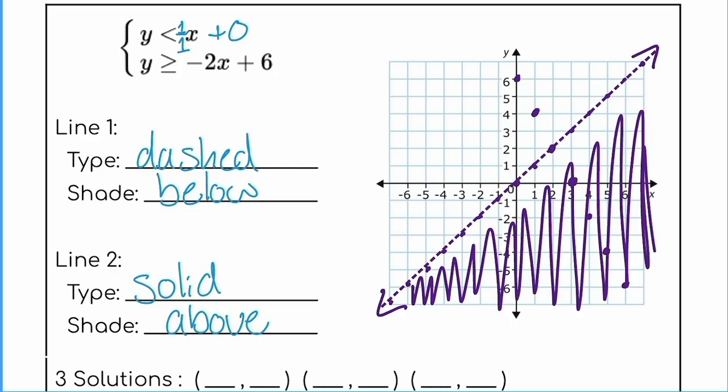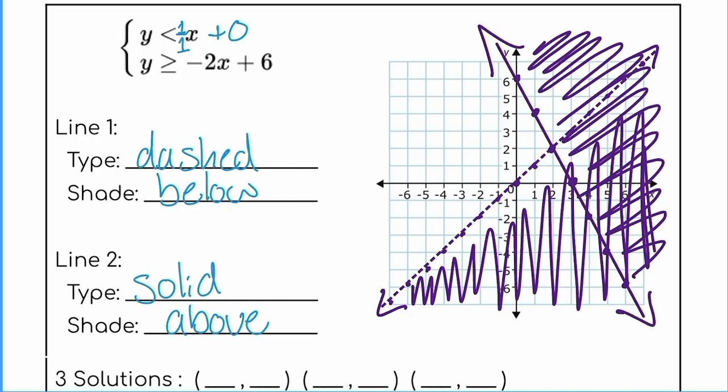And is this a dashed or a solid line? Solid. And are we shading above or below? Above. I would suggest shading in 2 separate directions.